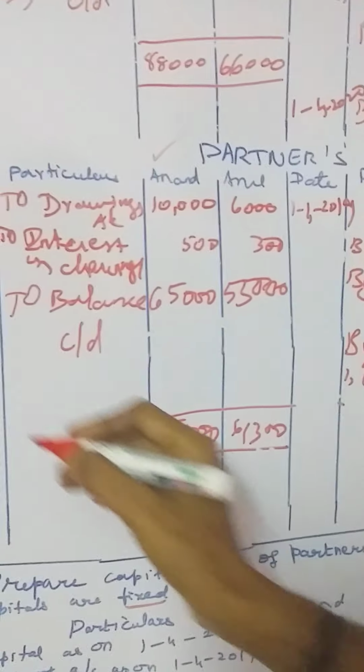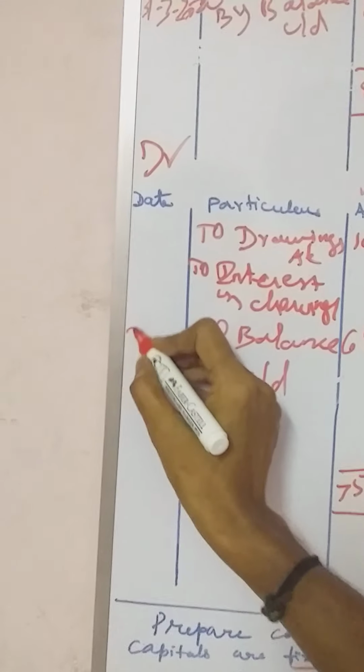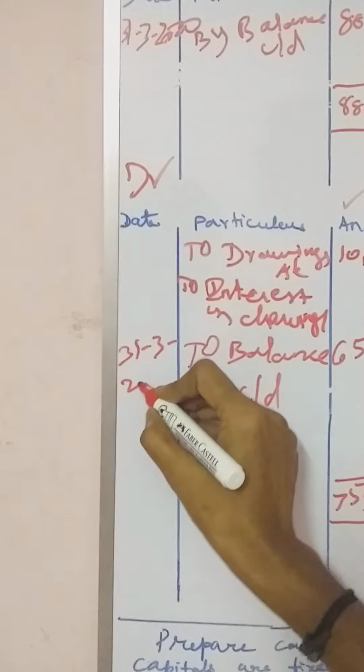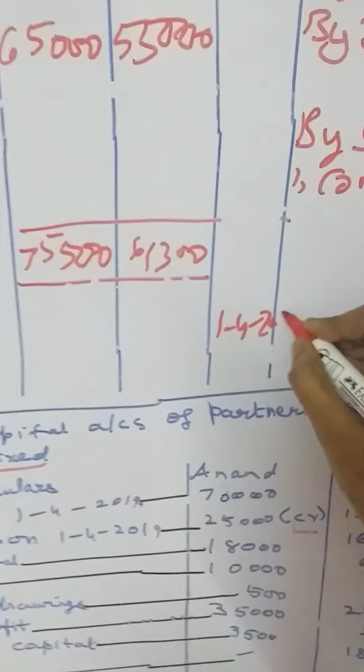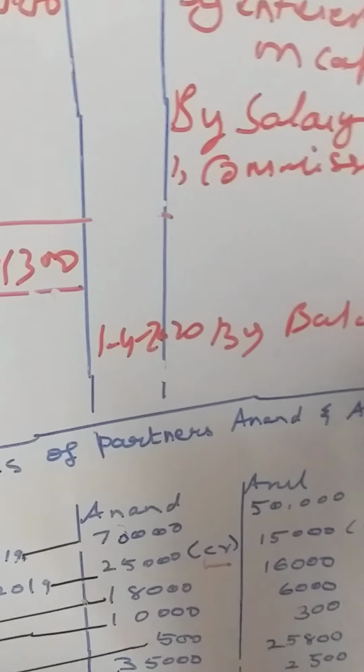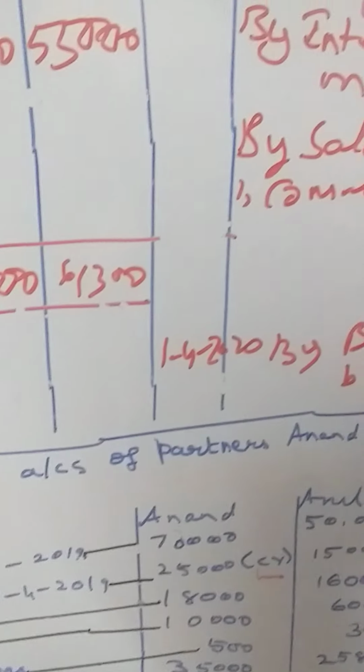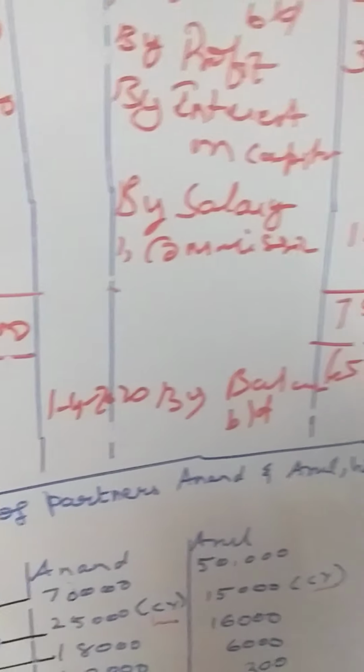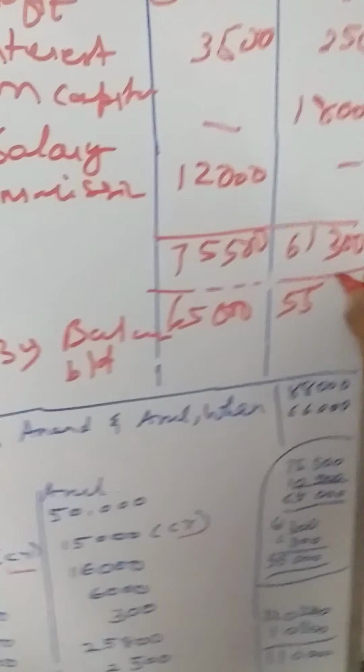Your carry down balance as on 31st March 2020 is 65,000. Next is on 1/4/2020, by balance brought down, 65,000 and 55,000.